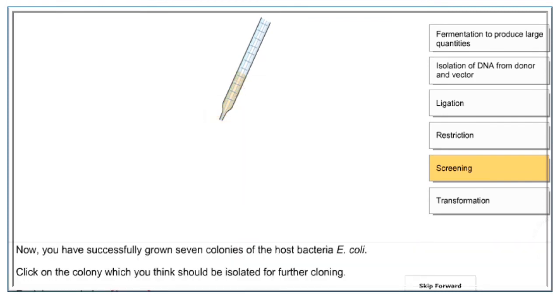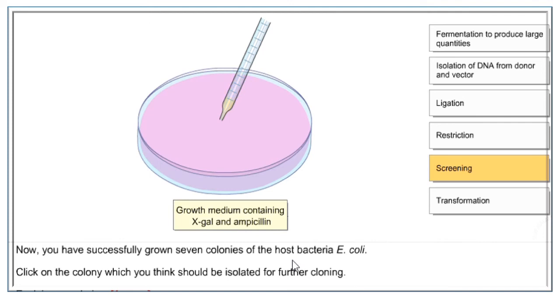The bacteria will grow in the medium that contains X-gal and ampicillin. And remember, the blue colony does not contain the recombinant plasmid because the LacZ is functioning, so it changes the X-gal color to blue.